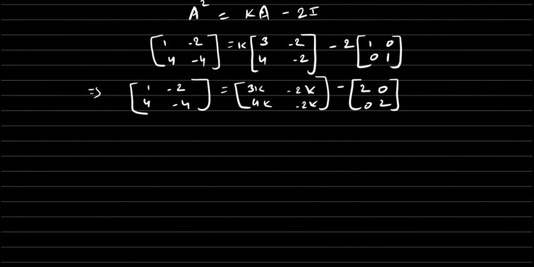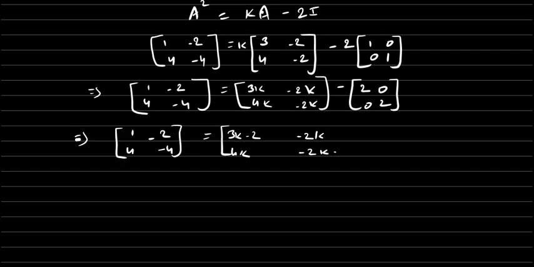Now we need to do this with the corresponding elements. Before that, I will do one more step. I will write the LHS as it is. On the right side, 3k minus 2 is 3k minus 2, minus 2k minus 0 will be minus 2k, 4k minus 0 will be 4k, minus 2k minus 2 will be minus 2k minus 2.